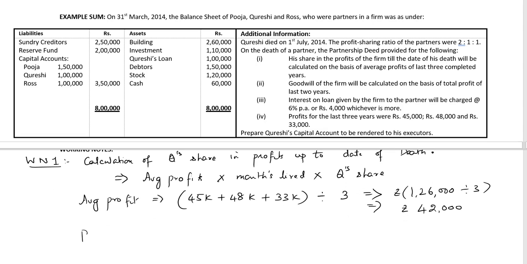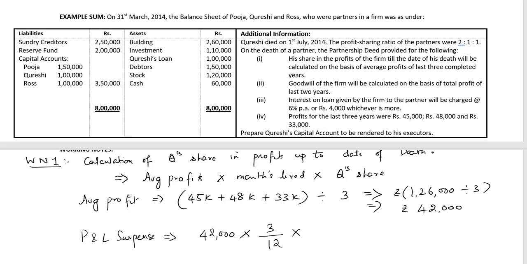So the amount for P&L suspense is equal to average profits 42,000 rupees multiplied by number of months lived, from 31st March 2014, the date of the balance sheet, up to date of Qureshi's death, which is 1st July. So it comes up to 3 months, multiplied by Q's share in profits, which is 1 divided by 4.